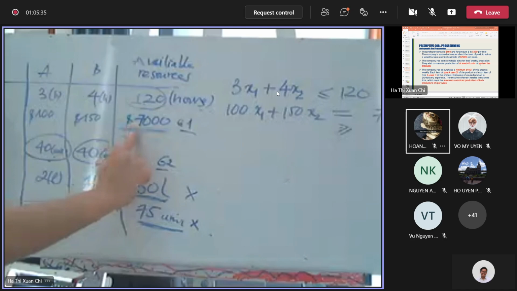So next one, everyone. Who can help me to write the constraint here?